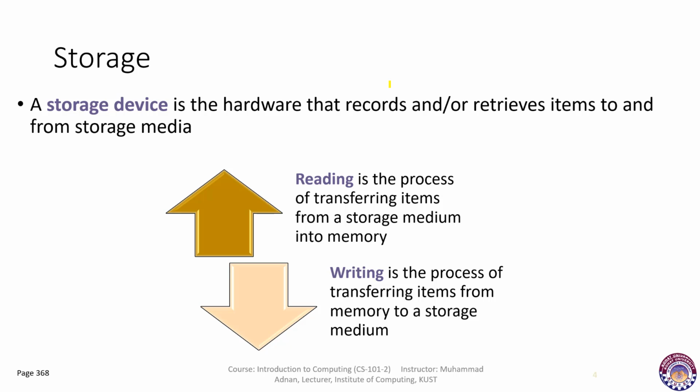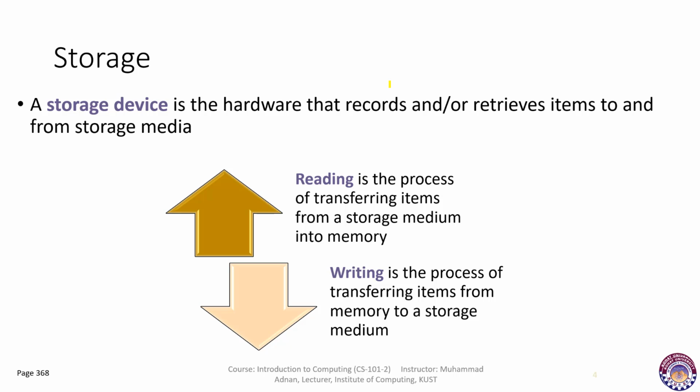A storage device is a hardware that records and or retrieves item to and from the storage media. So there are two functions, reading and writing. Reading is the process of transferring items from storage media into memory. So you read some data from the storage medium and you transfer it into the computer memory, where further they are transferred to the CPU for the processing.